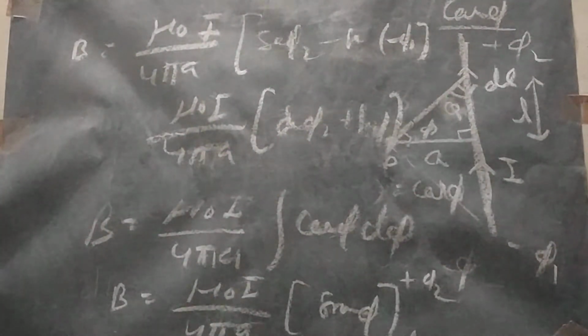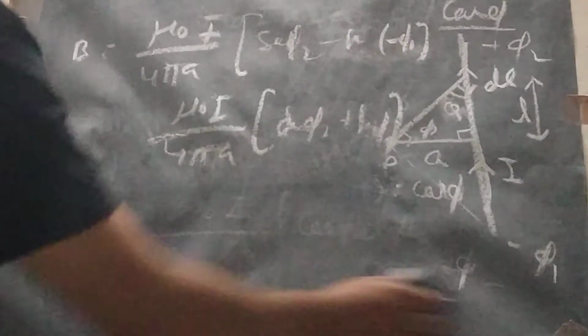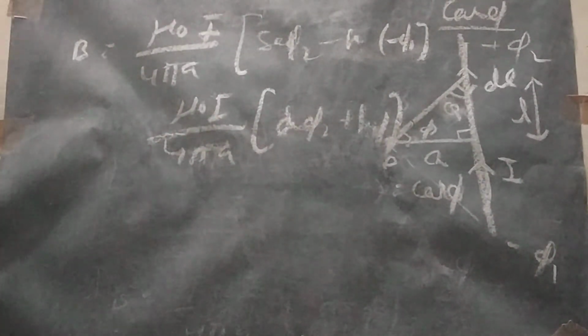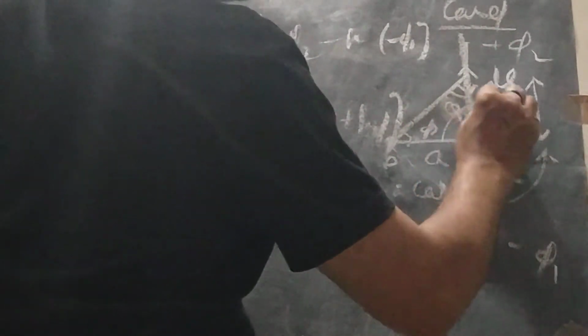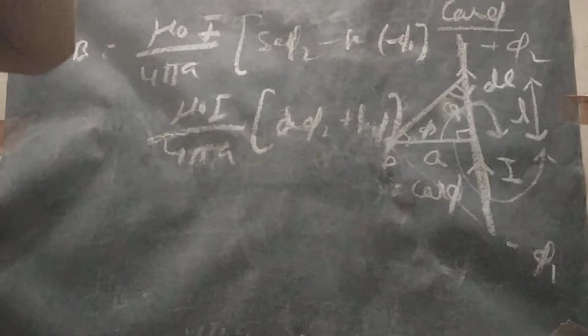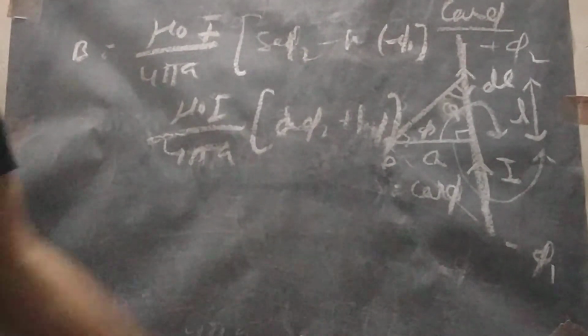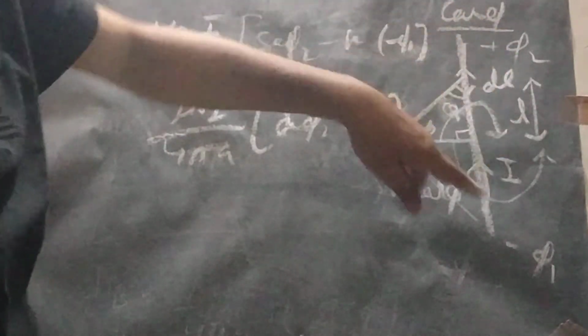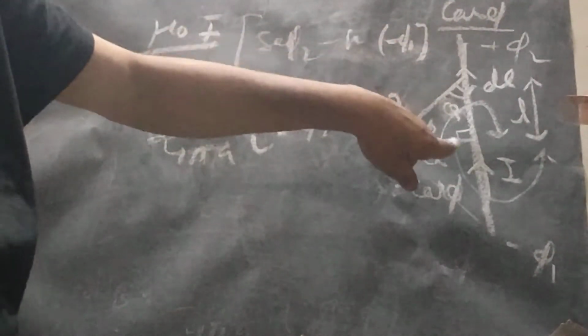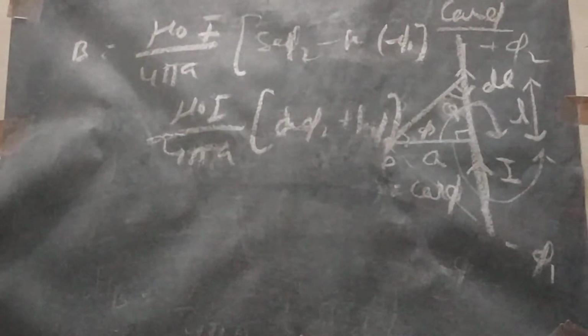This is the expression. Here one angle we have to take in the anti-clockwise direction and one in the clockwise direction. So if we do some numericals on the basis of this expression, one of the angles will be taken clockwise, another anti-clockwise.